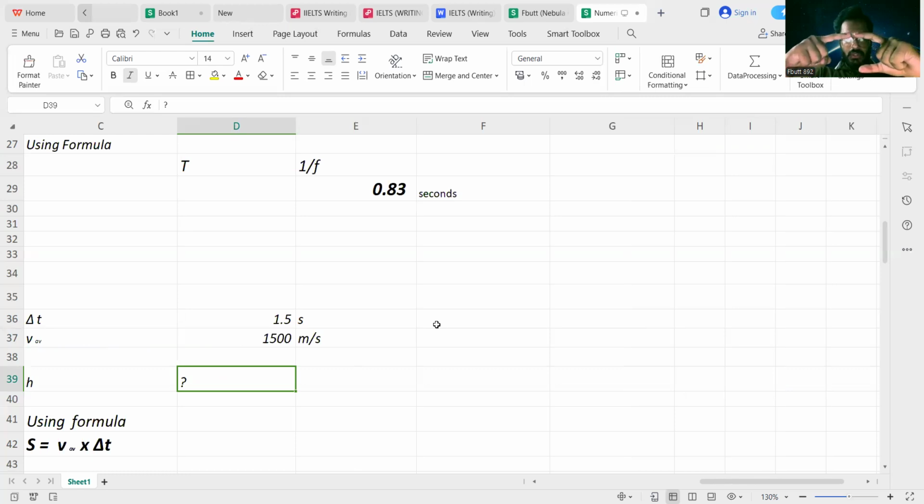If we send the sound waves downwards, then after hitting the seabed they will be bounced back towards the sea surface. So that is the total distance covered, from the surface of the sea to the seabed and back to the surface. We have to calculate the distance covered in one go.